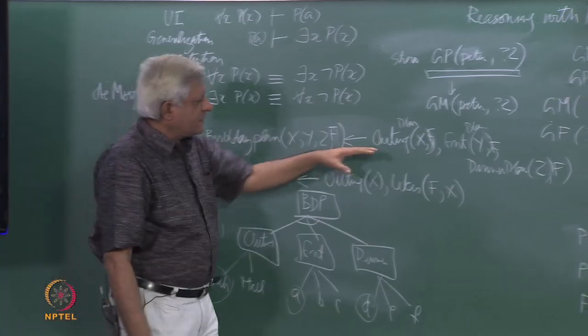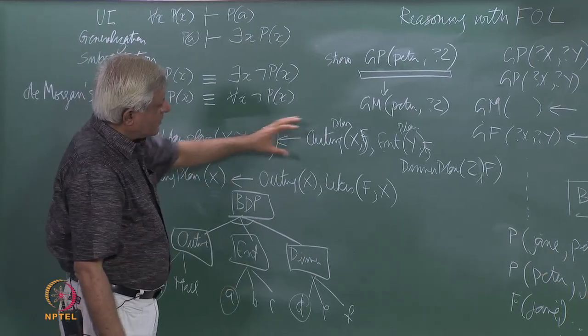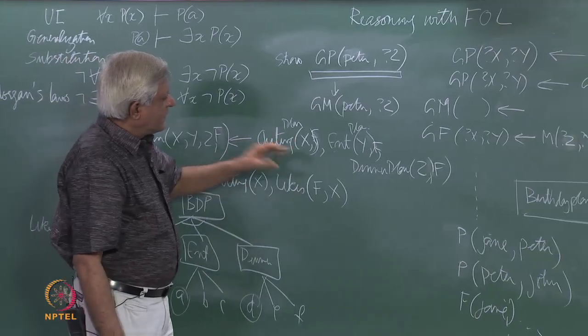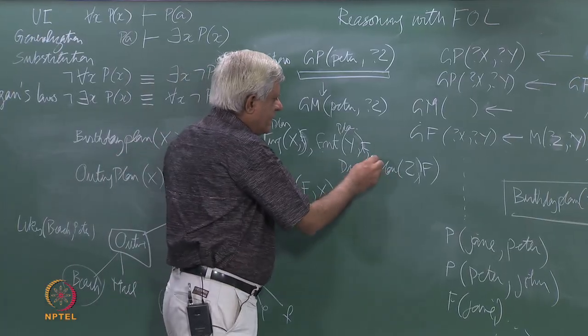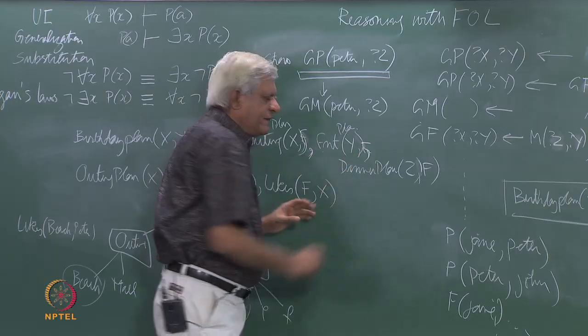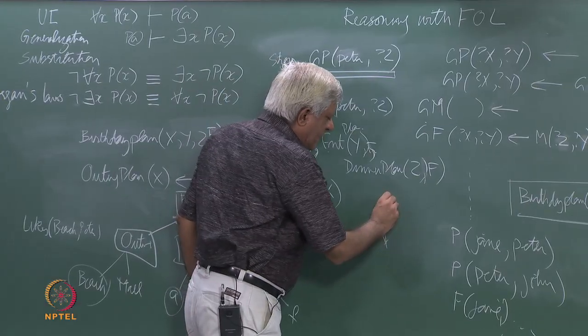So, what is happening here in backward chaining is that you are doing this sub goal formulation. The way Prolog does is that it goes from top to down and left to right.